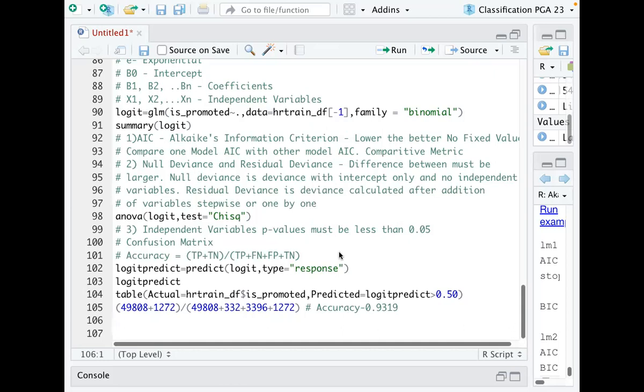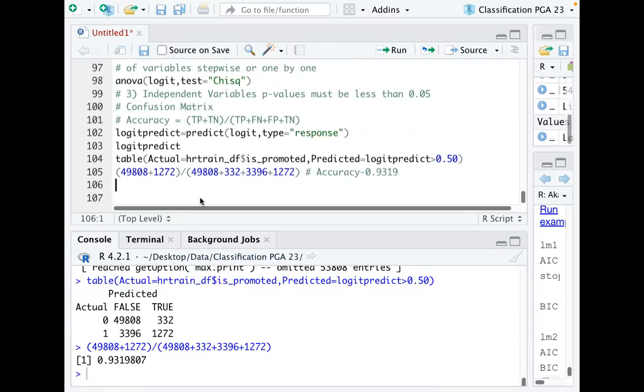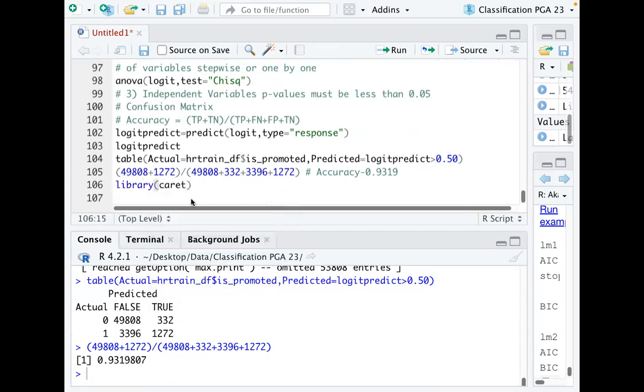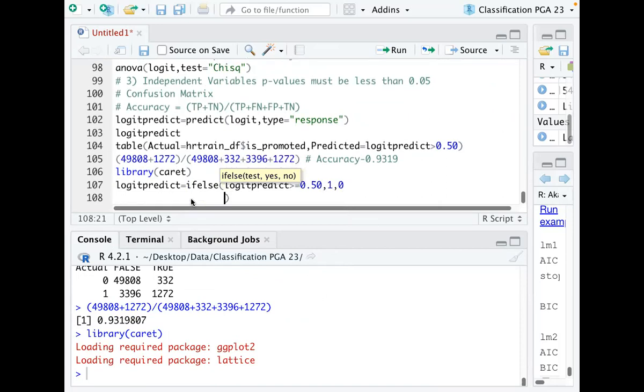Library caret. Minor differences will be there. If else, logit predict greater than equal to 0.50, comma 1, comma 0.